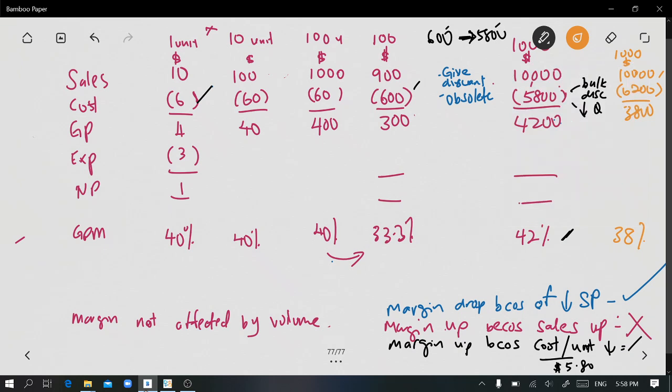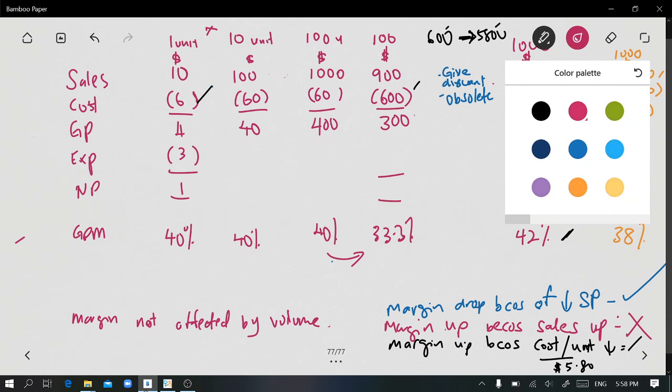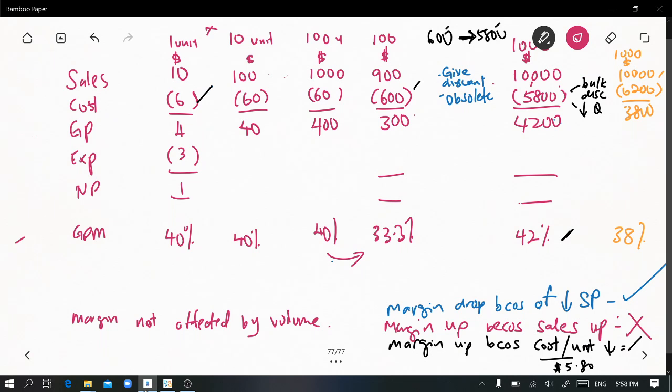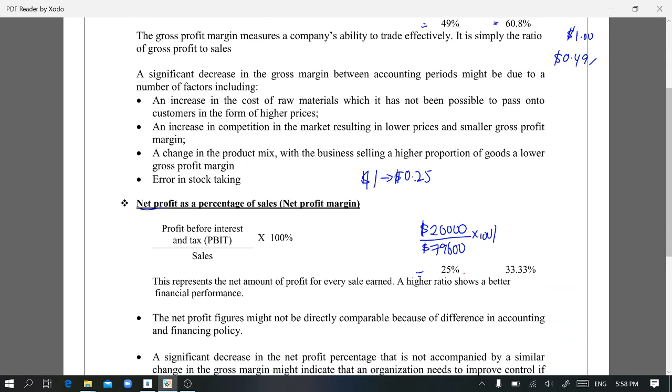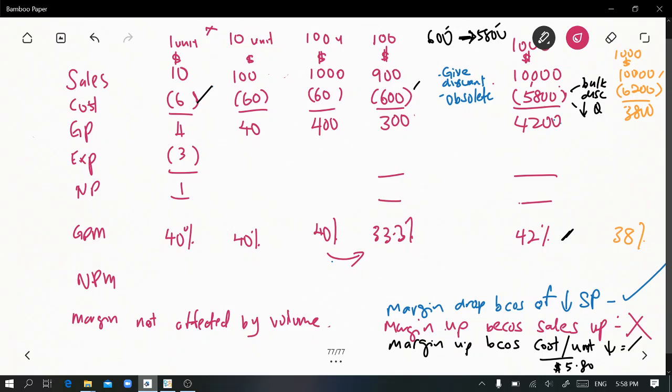Okay, now move on. Now we look at the expenses. Net profit margin. What is my net profit margin? Net profit margin is profit divided by sales. Means $1 divided by $10, so it is 10%. Continue. Sell 10 units.